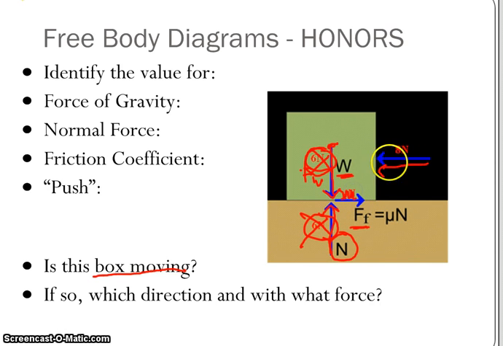Do a little basic math here, and that means 4 newtons to the left. In other words, our box is moving to the left due to the overall net force of 4 newtons. So is it moving? Yes. And with what force? 4 newtons. Yes, that's an N, believe it or not. It's the world's worst N.